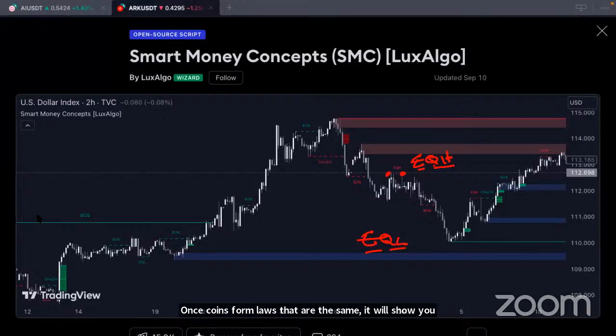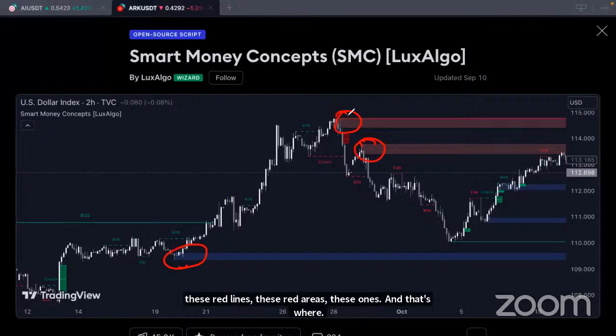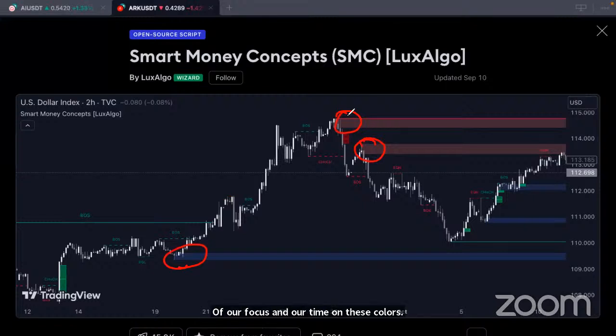But to me, the most important things are these blue lines and these red areas. That's where we are going to put much of our focus and our time, because they represent bullish and bearish buying areas.